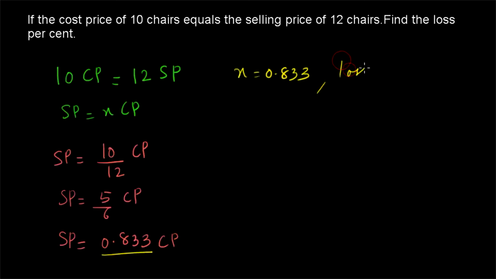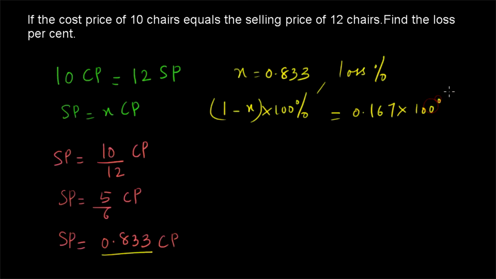That means we are having a loss percentage, and what is the loss percentage? It will be given by 1 minus X into 100 percent. Just for explaining, I am writing this X, 1 minus X and all. As you go on, you can automatically write SP is equal to 0.833 CP. So 1 minus 0.833 will give us about 0.167. So that into 100 percent. You can easily omit the steps and just calculate it in your mind and you will get the answer.